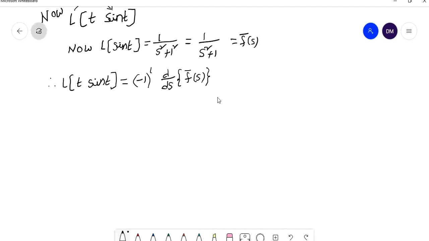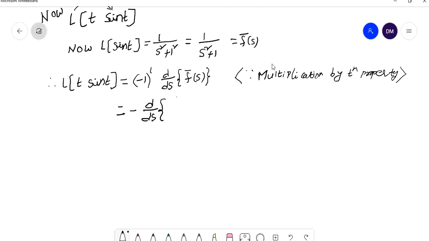So by using the multiplication by t power n property, this is equal to minus 1 whole power 1, which means minus d by ds of f bar of s value, 1 by s square plus 1.